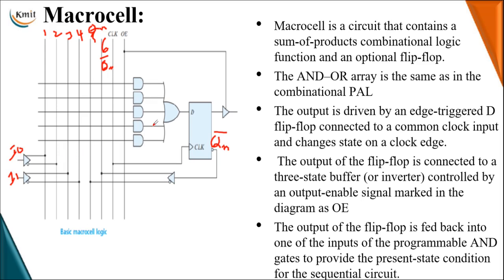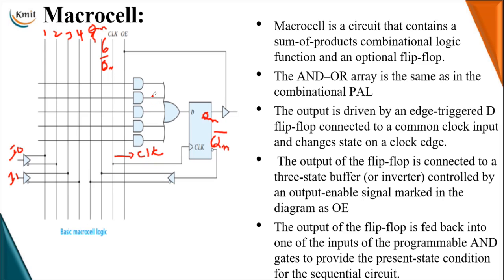Along with this, the output of the D flip-flop Qn with this buffer is connected to the output enable. Along with these inputs, you also have the clock signal, which synchronizes the operation or state of the D flip-flop. Whenever a rising edge is applied on the clock signal, only then will the state of the flip-flop change, or the output of the macrocell change.